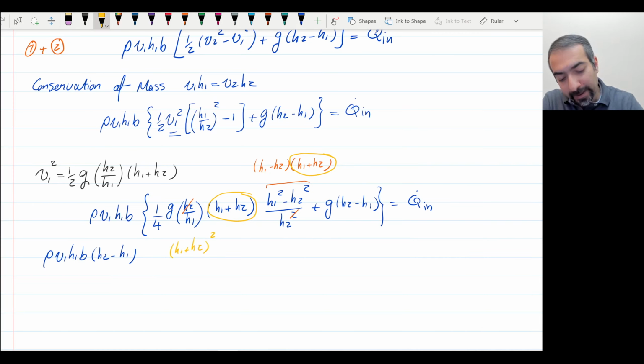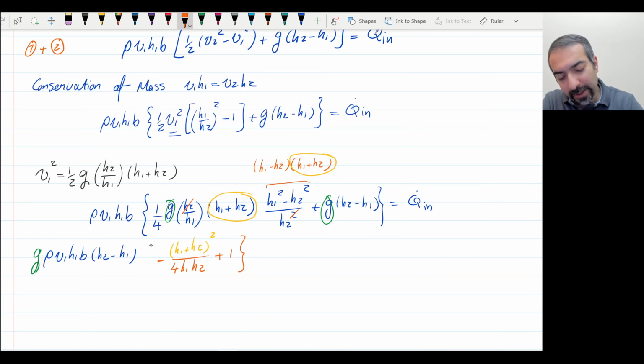All right. I can also take out g. So this g, let's put it here. All right. And what I'm left with is there's going to be a 4 h1 h2 in denominator, plus, there's going to be a minus here and then plus 1.